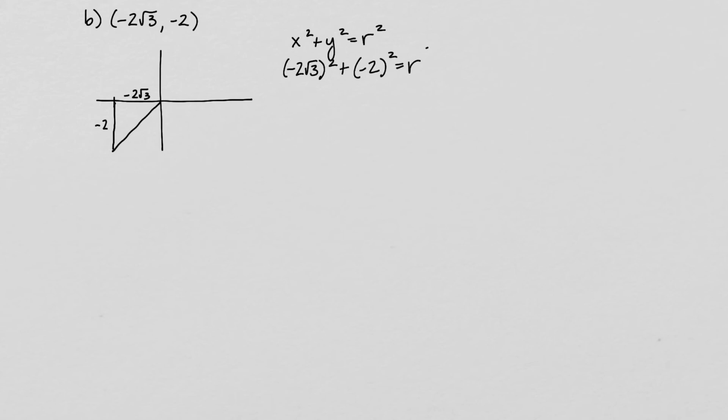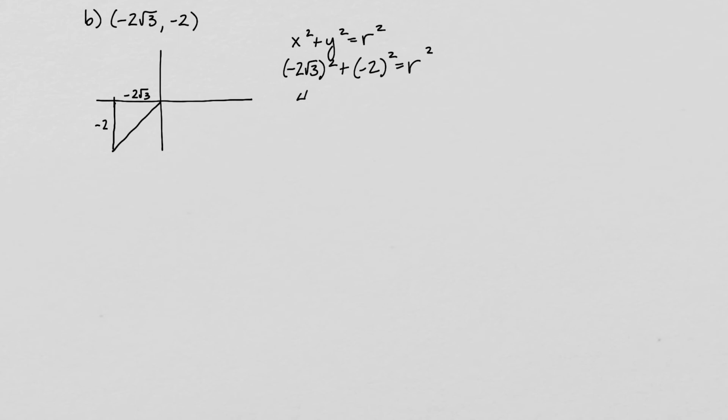Again, if I go out minus 2 root 3, say that's somewhere here, and we're going down to minus 2. Again, I can use x squared plus y squared equals r squared. So we have minus 2 root 3 squared plus minus 2 squared equals r squared.